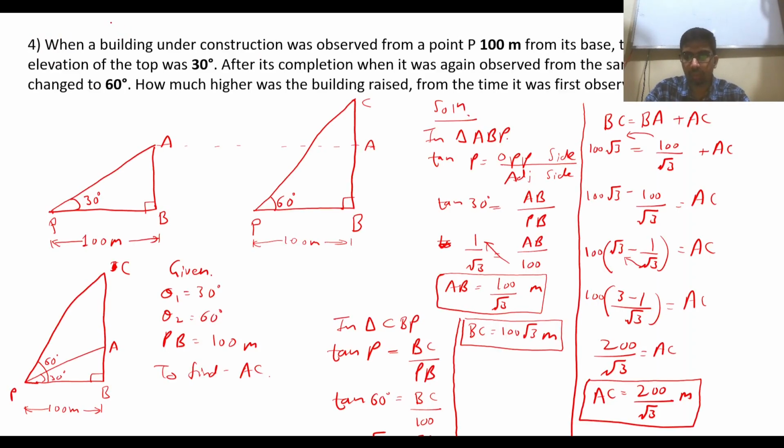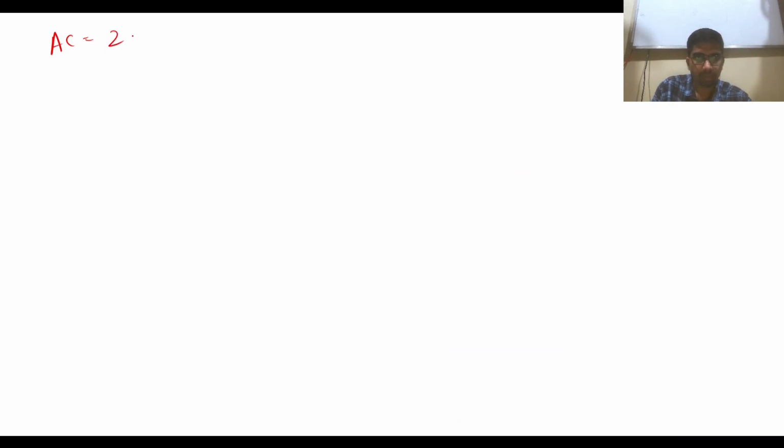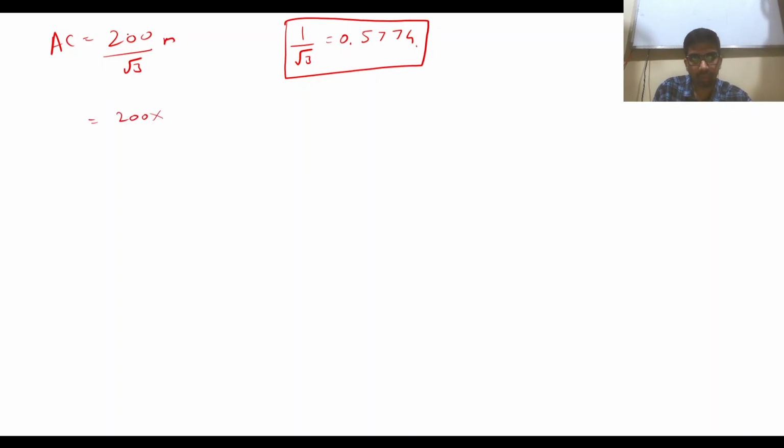So we have got AC as 200 by root 3. We got 1 upon root 3 का value as 0.5774. I suggest you also learn this value, it will be easy. So 1 upon root 3, 200 will be as it is. इसको ऐसे लिखो. 1 upon root 3 is 0.5774.